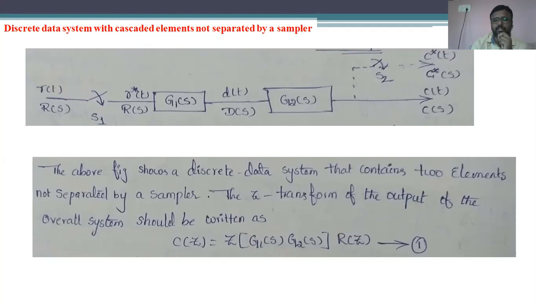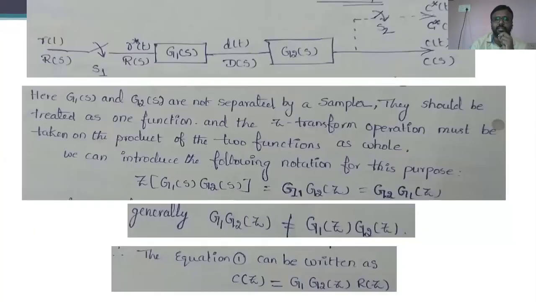In this case, the pulse transfer function is C of Z divided by R of Z is equal to G1 into G2 of Z.